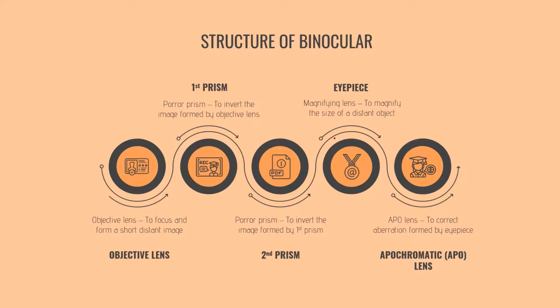The second prism is to invert the image formed by the first prism. The function of the eyepiece is as a magnifying lens, and it is to magnify the size of a distant object. And the last is the APO lens. The APO is an apochromatic lens. It is to correct the aberration formed by the eyepiece.